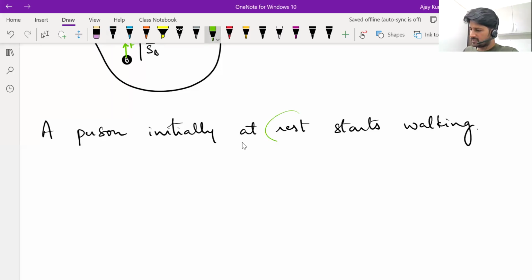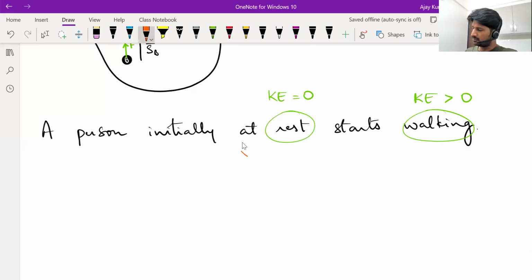When the person is at rest, kinetic energy of the person is zero. When the person starts walking, kinetic energy becomes greater than zero. Moving objects have kinetic energy, half mv square. Means a change in kinetic energy is happening. And we know change in kinetic energy happens when some forces do work on the system.